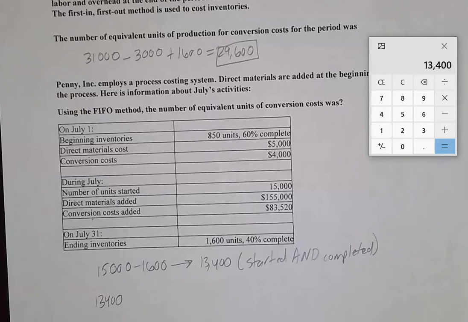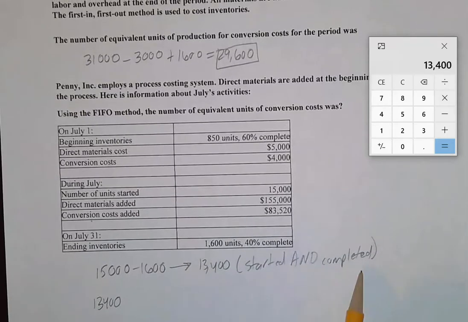However, because we're looking at started and completed all within the period, we actually do have to go up and grab the portion of these 850 units. Yes, these 850 units in beginning inventory are assumed to have been completed, but they were not started and completed.